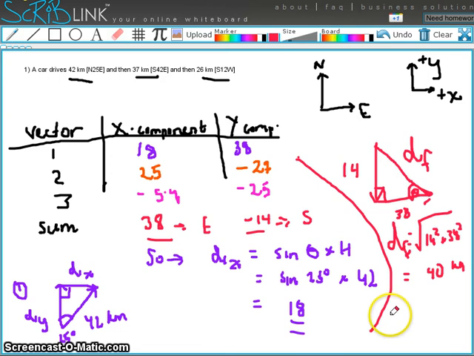For your angle, tan inverse, 14 divided by 38, and that gives you 20 degrees. So that's your final vector component. It's 40 kilometers south, 70 degrees east. Perfect.